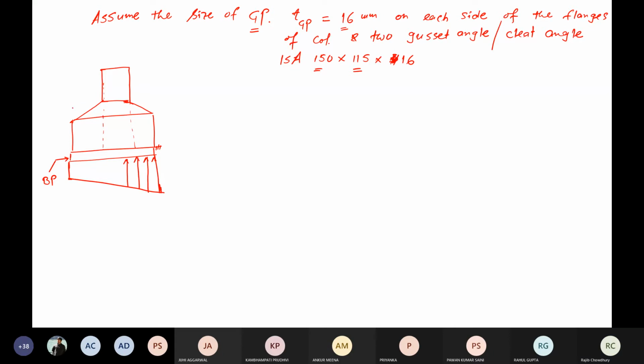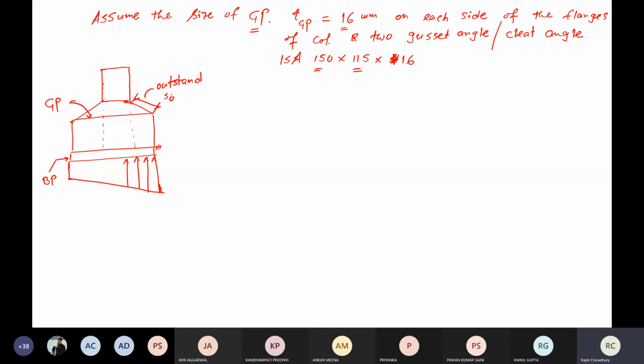Now this portion is called the gusset plate or the gusset, and this particular portion, the overhang portion of the gusset, is called the outstand. I'm putting the outstand as S naught.